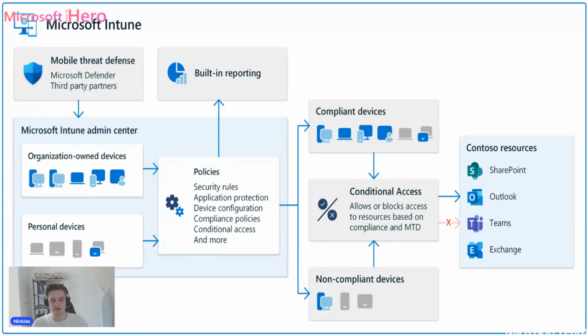So let's say that I don't have BitLocker on my device and my company doesn't want me to access any company data or company resources, then I can block that access within conditional access. So conditional access can actually check if my device is compliant or non-compliant. So yeah, that's an opportunity as well.